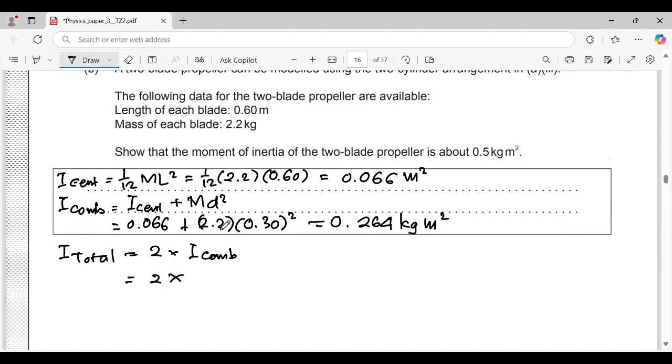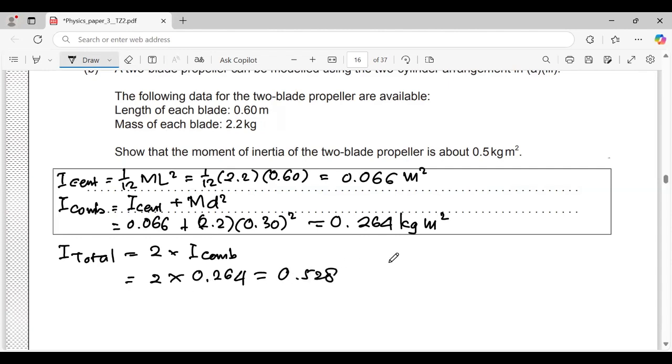So it is 2 times 0.264, and it is 0.528.